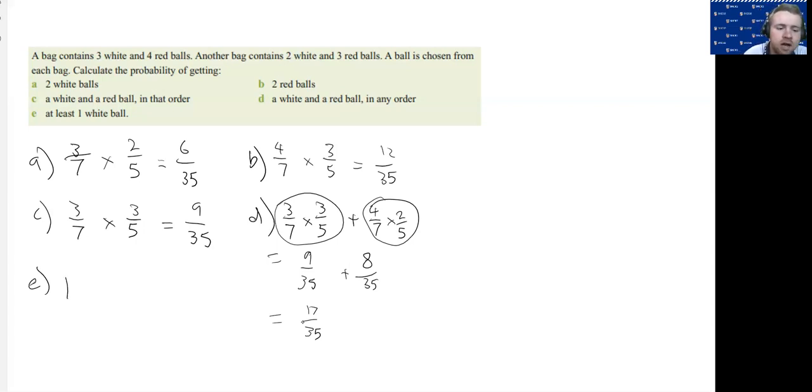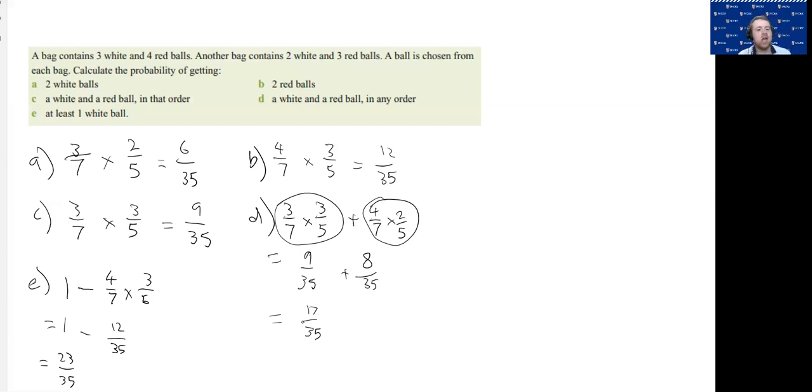So I can do 1 minus red, which is 4 out of 7, times 3 out of 5, which would be 1 minus 12 out of 35, which basically means all of the other parts there. So it would be 15 plus 8, 23 out of 35 would be the probability of getting at least one white ball.